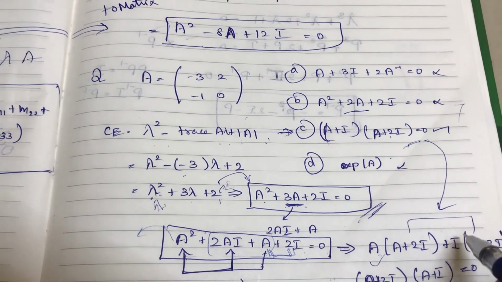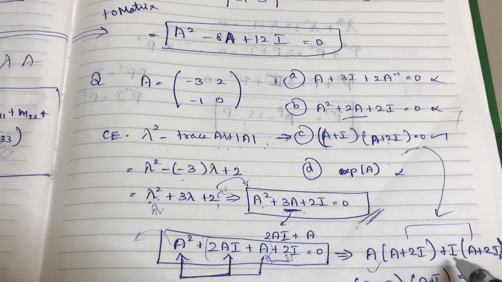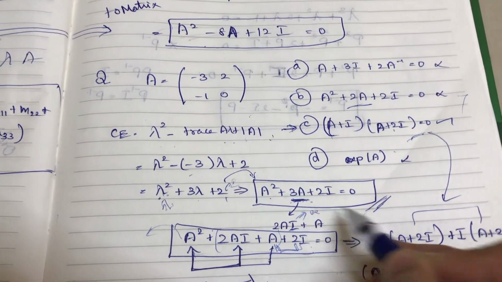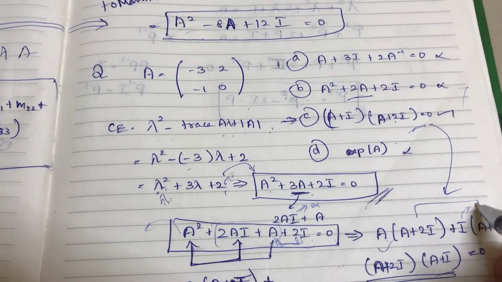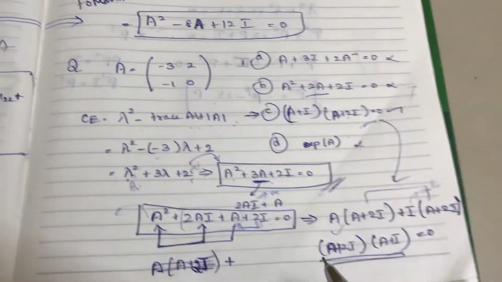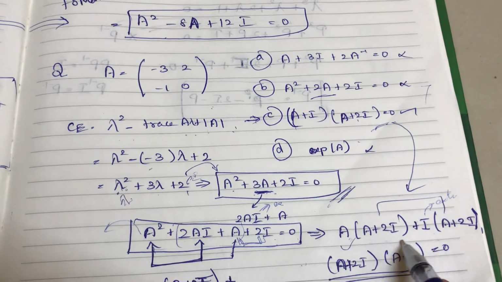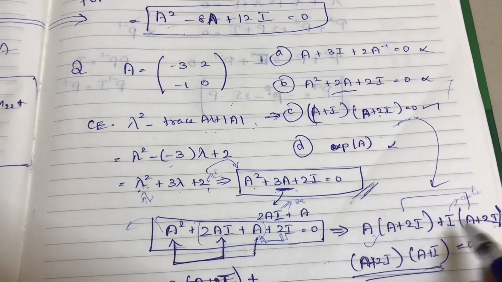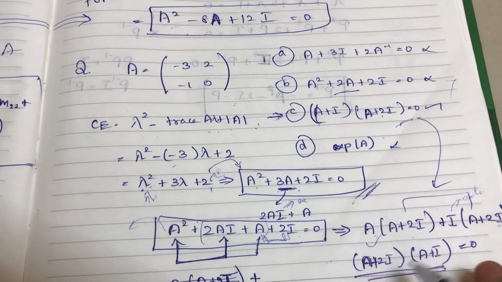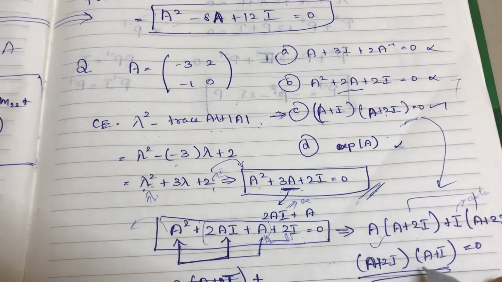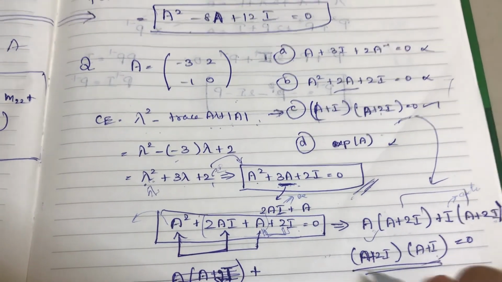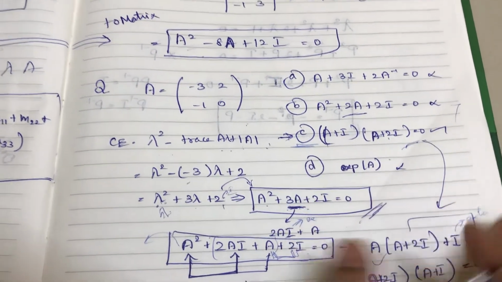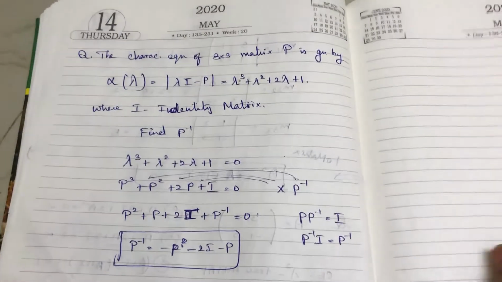Just multiply by I, like here we have done extra. After that you can see A plus 2I, there are two same brackets, so we have to write it as a single one, and then combine the other two elements, A plus I. So A plus 2I into A plus I, which is nothing but the third option here.